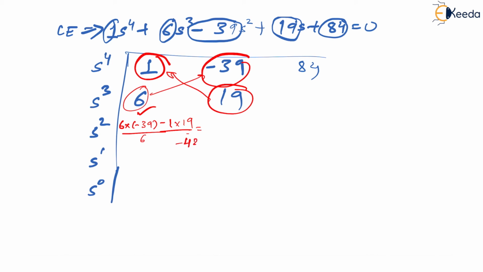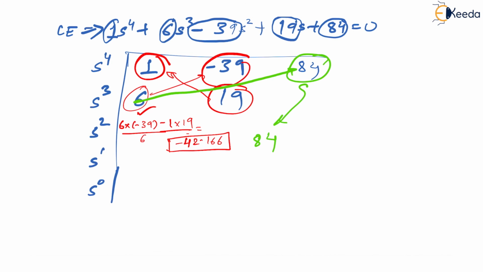What is this equal to? This is nothing but equal to minus 42.166. Very important. Minus 42.166 is what we have got. Now, let us see what comes here. So, 6 into 84 minus 1 into 0 upon 6. Definitely this 84 will get copied here, correct?